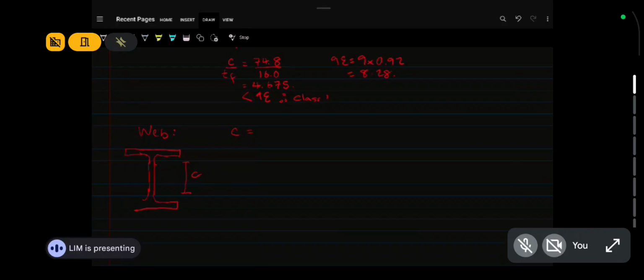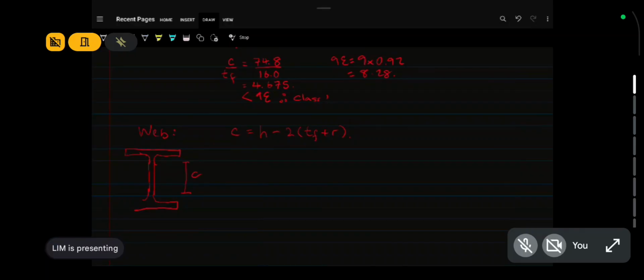So for the web, it is the height minus 2 times the flange thickness plus the root radius. Why?